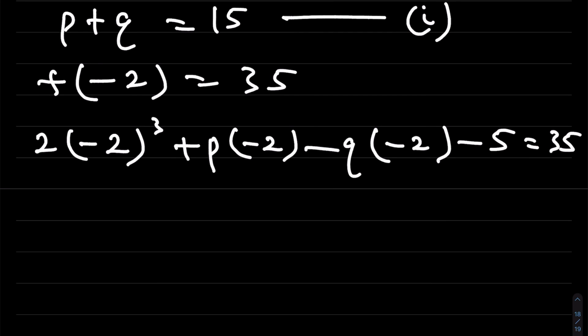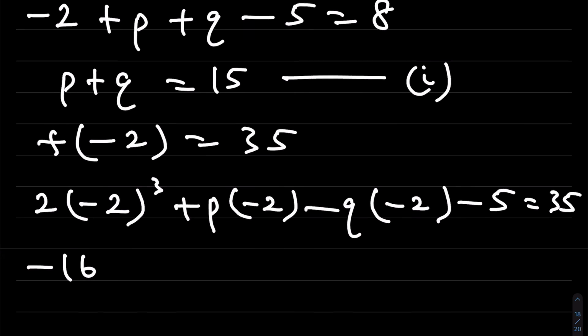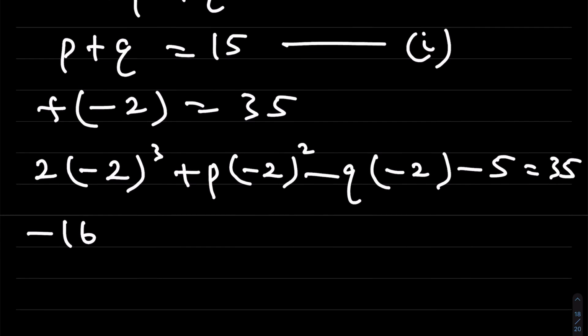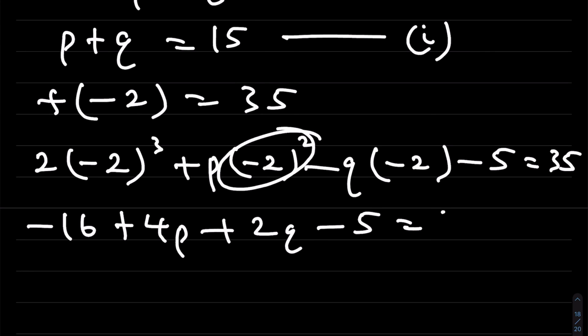That's just simply substituting minus 2 for x in f of x. So minus 2 cubed is minus 8 times 2, minus 16. Minus 2 squared is 4 times p, that's 4p. And this is also plus 2q minus 5 equals 35.